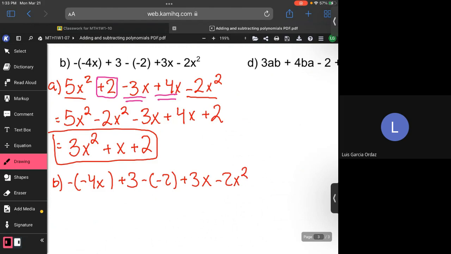So what's the first order of business here? We have brackets. What do I have to do with them? Remove them. Okay, Sean, how do I remove the brackets?